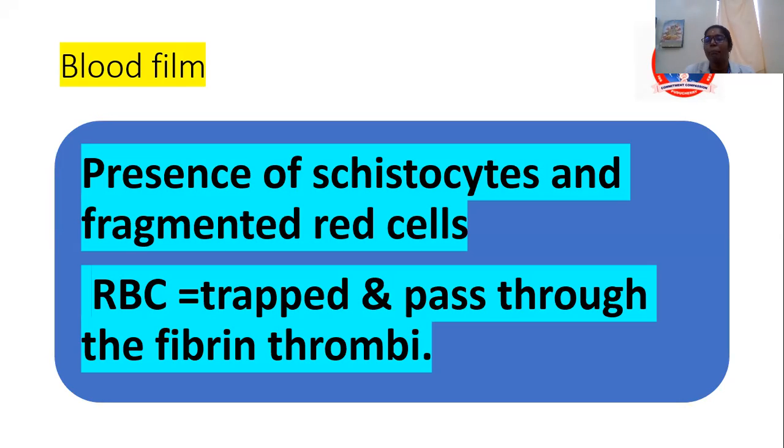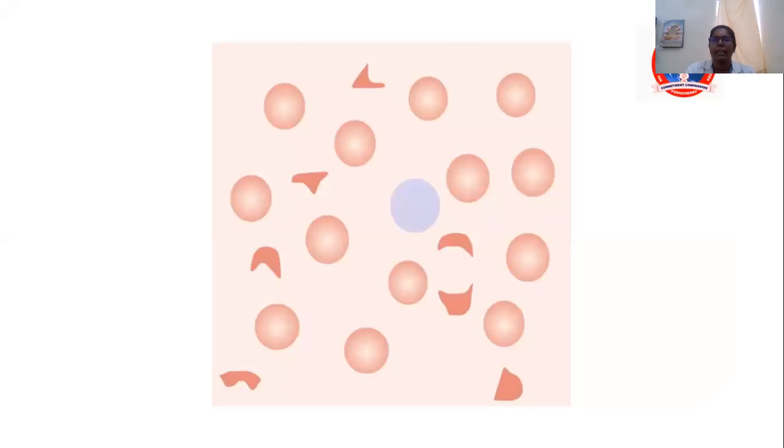Next we'll go for the peripheral smear. In the peripheral smear, you can see schistocytes and fragmented red cells. Schistocytes are RBCs that, when passing through fibrin thrombi, undergo fragmentation. You can also see polychromatophils in the peripheral smear. You can see the broken RBCs of various sizes, which are the schistocytes, and the blue-colored cells, which are the polychromatophils.